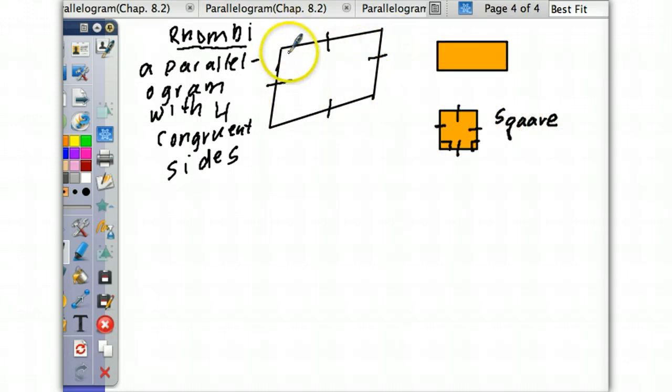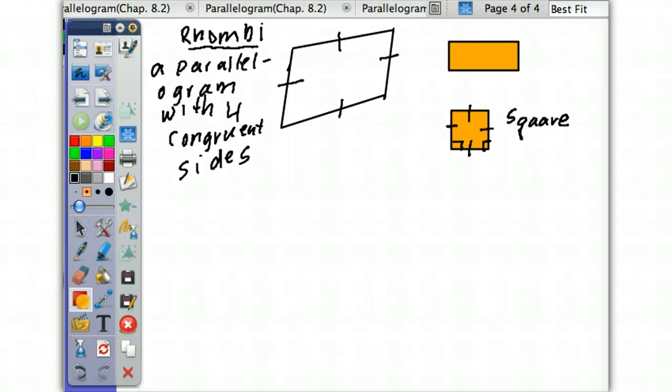Now, if I take the diagonals of the rhombus, which I'll draw a little nicer, you can even see that the diagonals not only bisect each other, but they're perpendicular. I'd like you to see that.